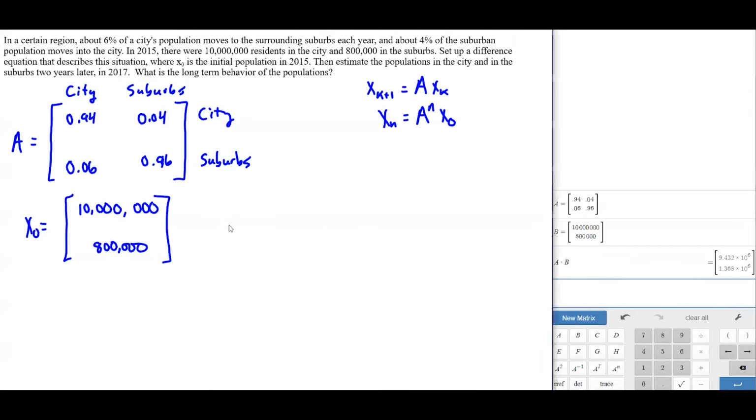So A times X naught will be X of 1. So this will be 2016. We're rounding here.